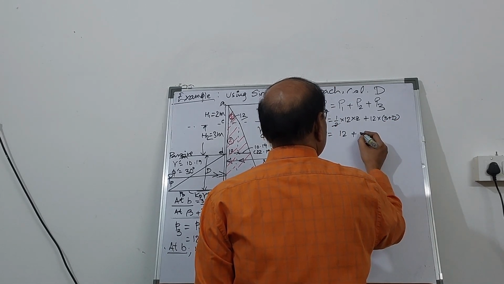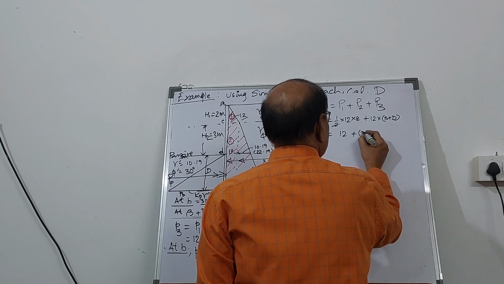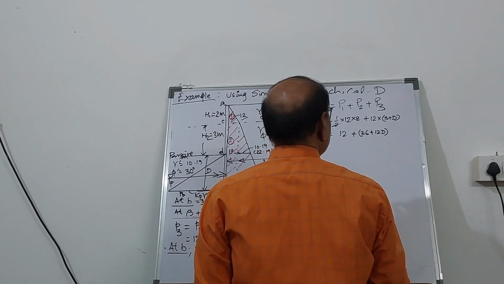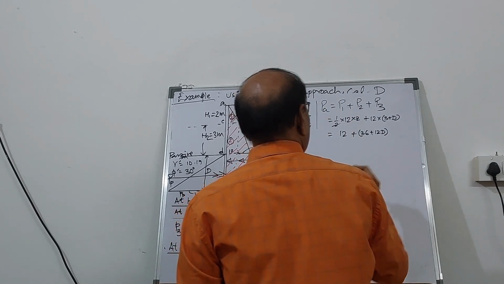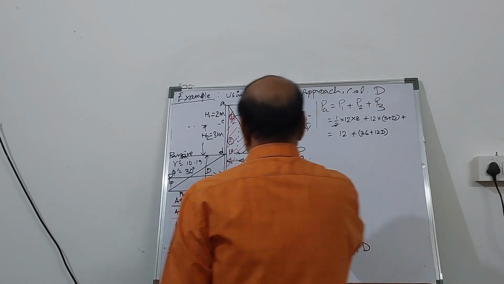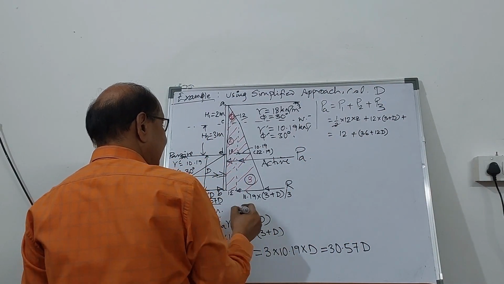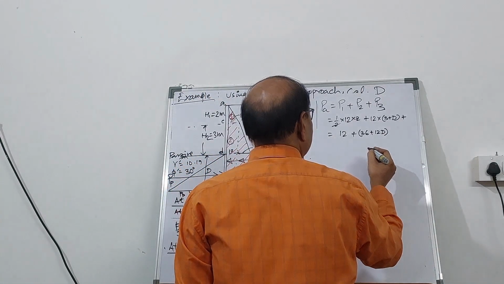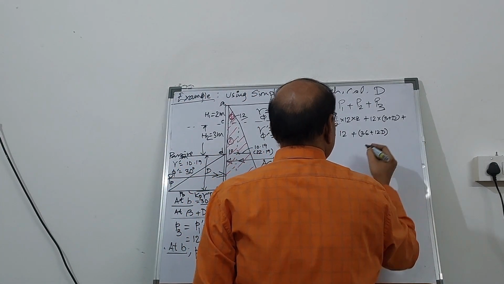So 12 into 3 plus D, that is the area. So it becomes 36 plus 12D, that is P2. Now, plus P3 is this triangular area. Now, the triangular area can be calculated here.